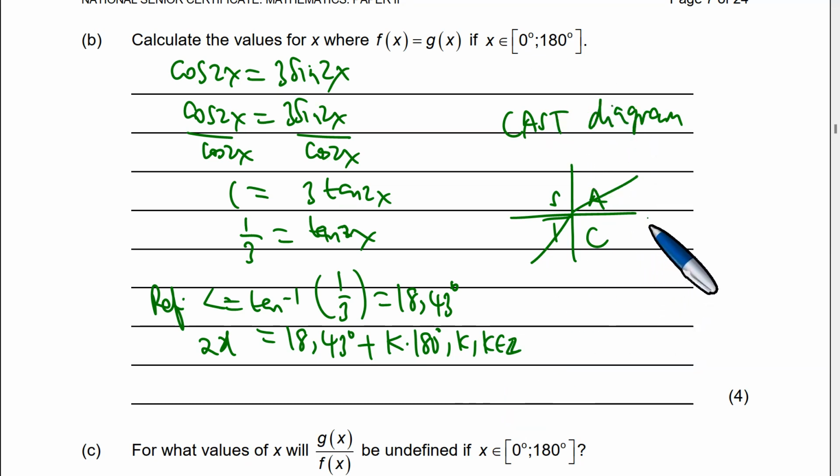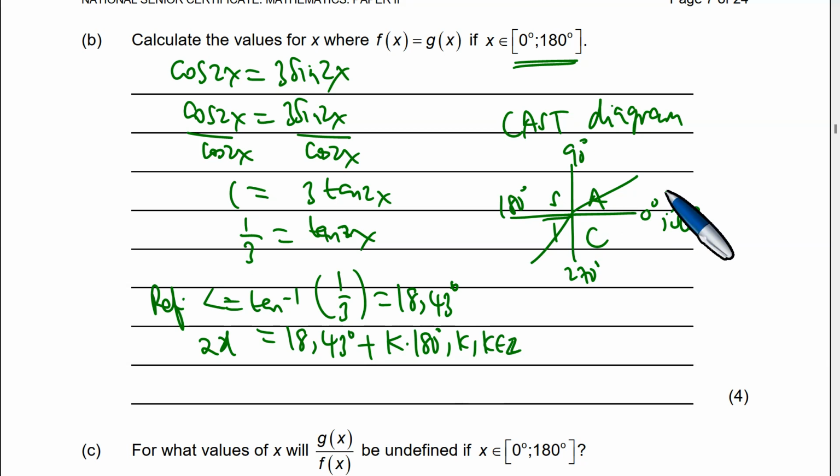This is 0 degrees, 90, 180, 270, 360. This other one is already between 180 and 270, so we want this between 0 and 180. So we're going to take only this right here.